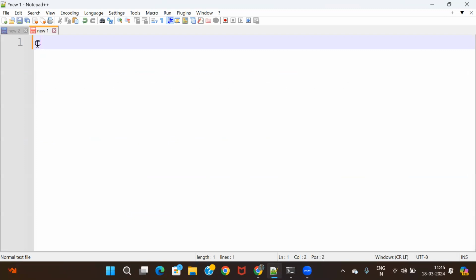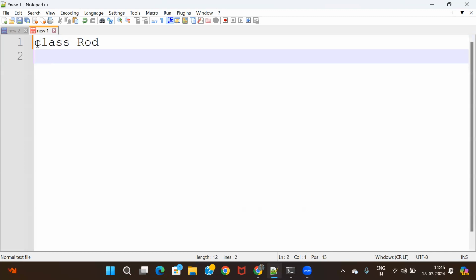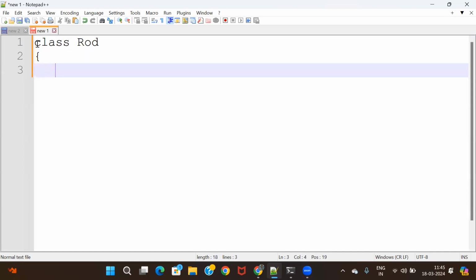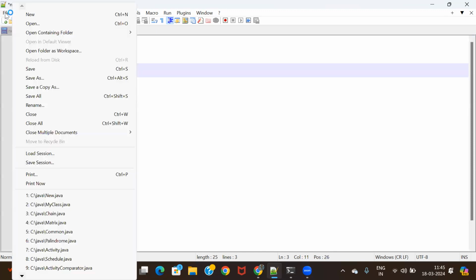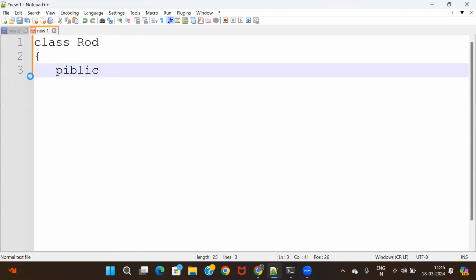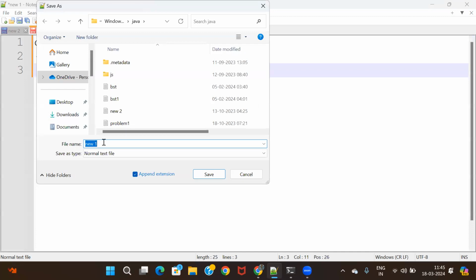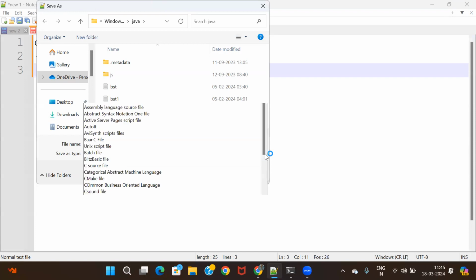Create a Java program for it. The class is Rod. I save this as Rod.java, a Java source file.